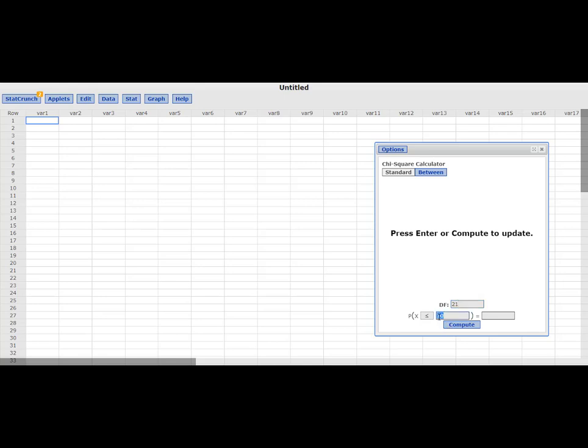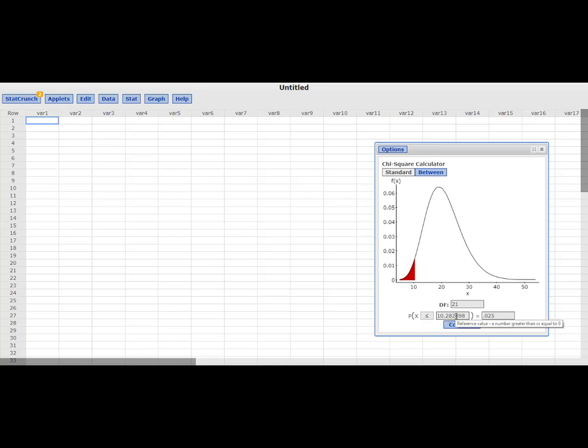I want to find the value of my chi-square if I had 0.025 to the left, and when I do that, I get the same critical value, 10.283 rounded.